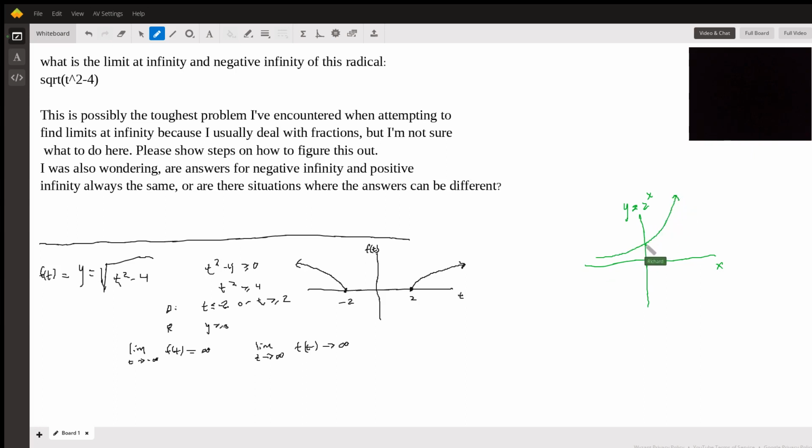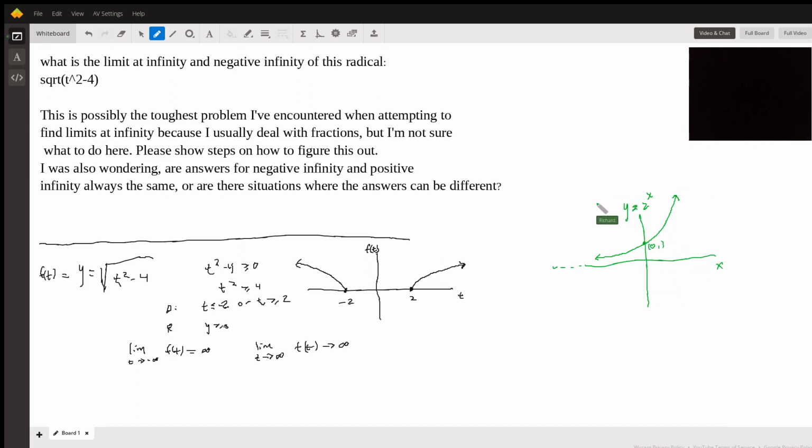When x is 0, y is 1 here, so (0, 1) would be the y-intercept. And it's going to be asymptotic. It's going to get closer and closer to y equals 0 as you go further out to the left. As you go further out to the right, it just gets bigger and bigger.